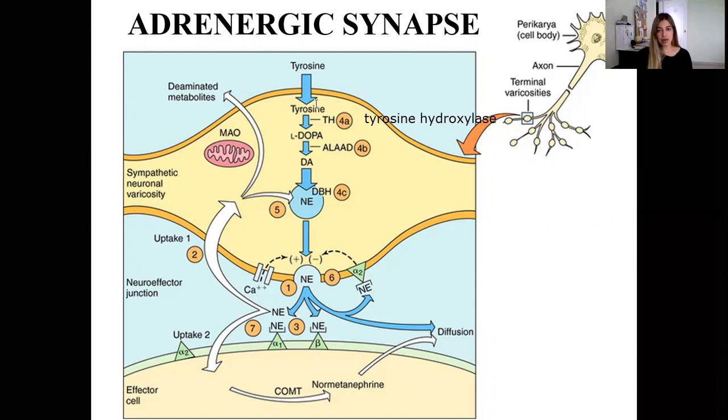Norepinephrine is the final product of the synthesis in the neuron. After that, norepinephrine can also be converted into epinephrine.